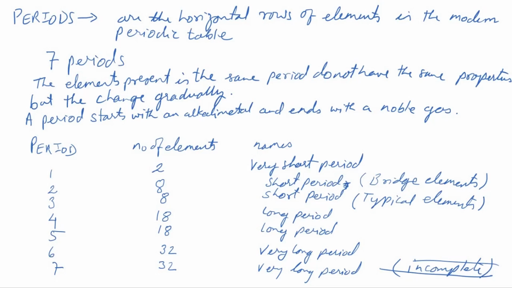But up till now, we don't have the eighth period. Now, since these things will keep on going, new elements will be discovered again and again. So whenever elements are discovered, there's one thing you have to know, which is how to name these elements. For naming these elements, there is a particular system of naming.